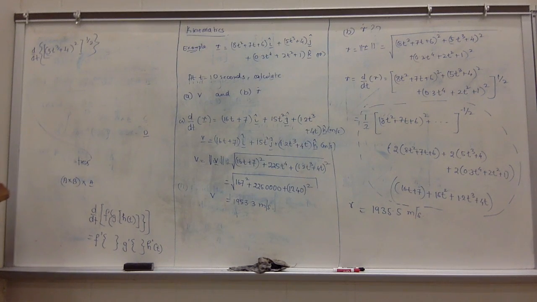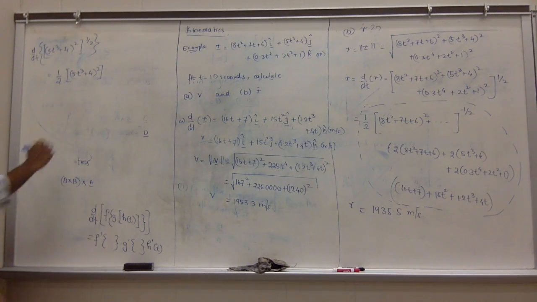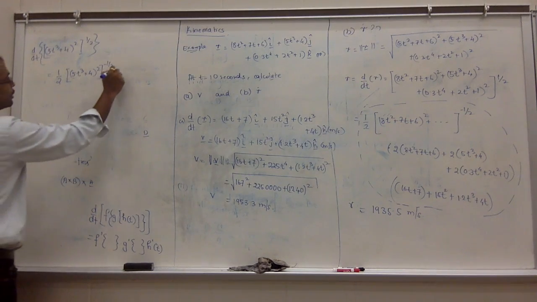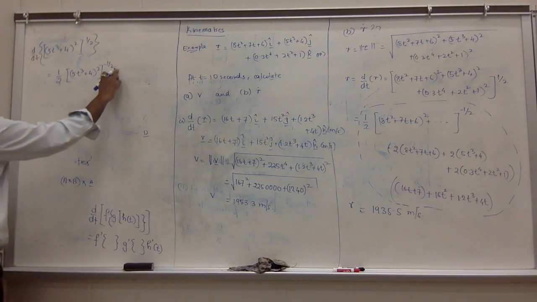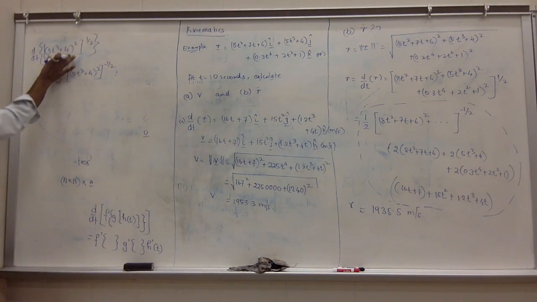So how do you do this? You do a half into 5t cube plus 4. You keep the square as it is. This is half minus 1, right? It is minus half. Multiplied by, you take this bracket now.